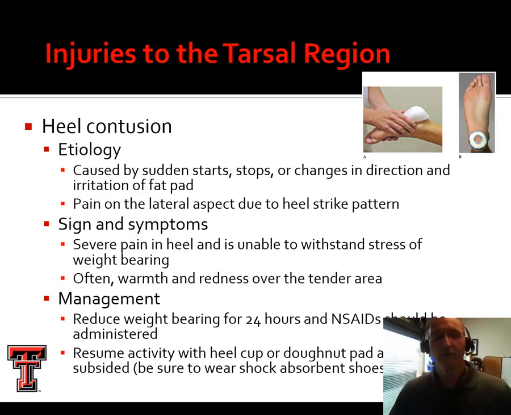It'll heal pretty quickly if we can prevent what triggered it, but if you can't bear weight, then there's not a whole lot you can do. You can't run, you can't cut, you can't jump. So we reduce weight bearing for 24 hours. We can use something like a heel cup, Tuli's, or a Dr. Scholl's with a gel cushion insole. And this will usually resolve pretty quickly, but it is really debilitating and can cause some problems for a few days.